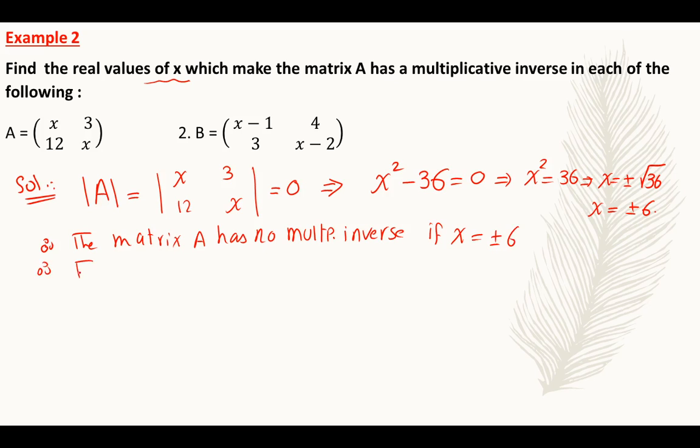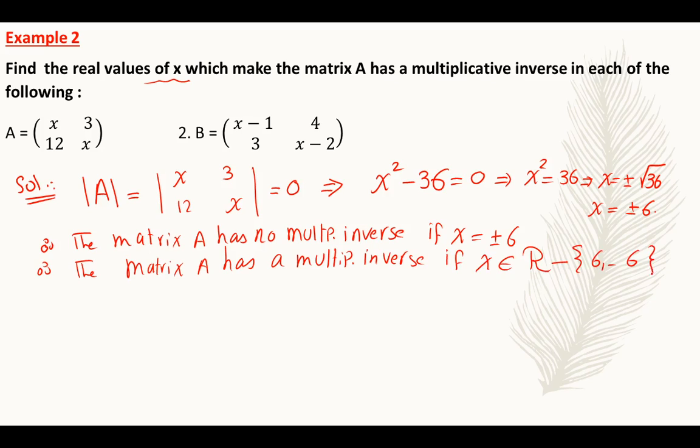So the matrix A has a multiplicative inverse if x belongs to R, all the numbers except 6 and negative 6. All the numbers except 6 and negative 6.